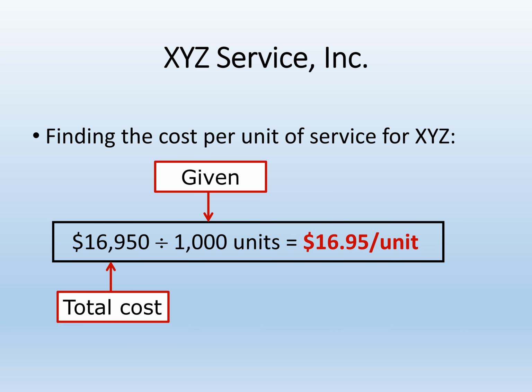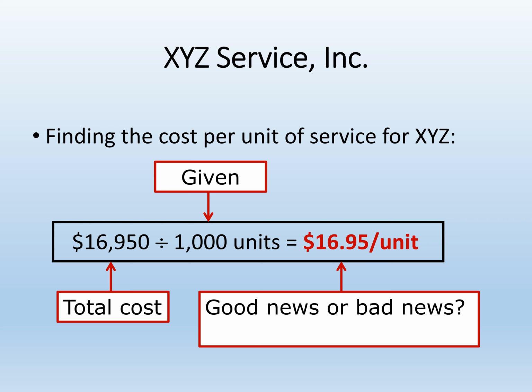The answer tells us, on average, how much did it cost the firm for each unit of service that the firm provided. And then the firm can think about whether that number is good news or bad news, depending on what they were expecting each unit of service to cost.